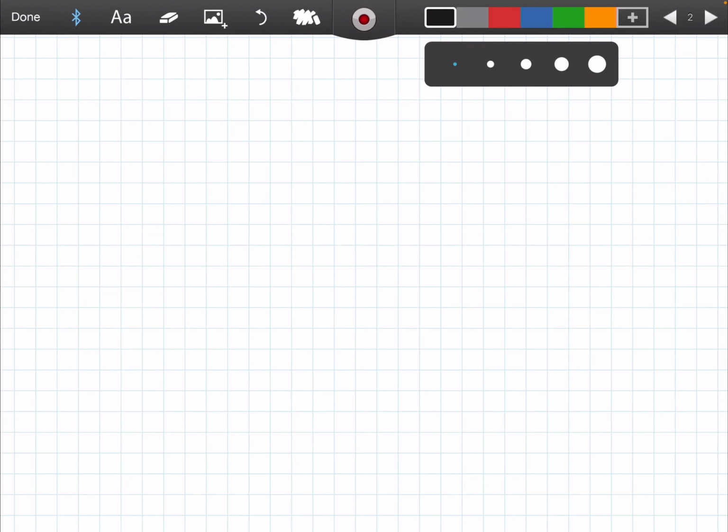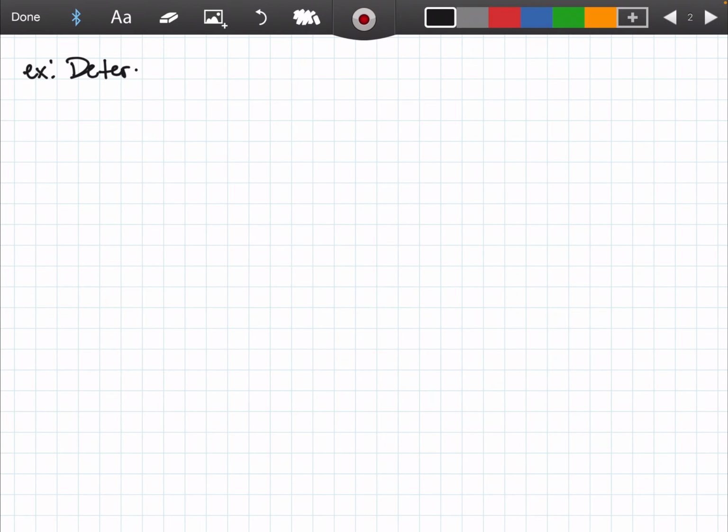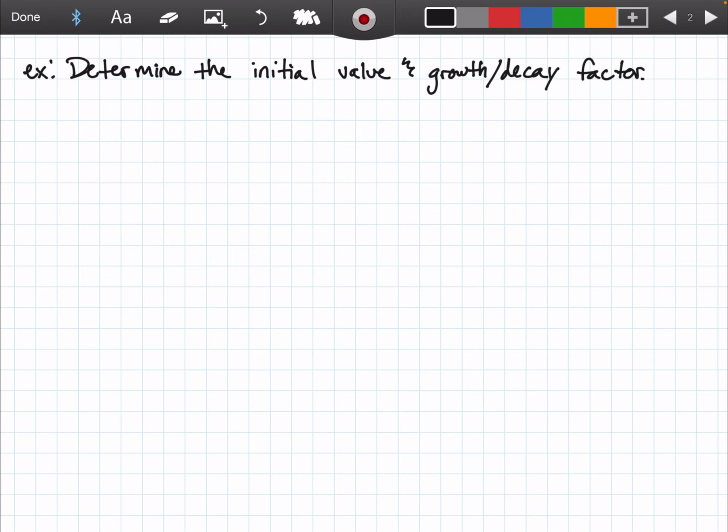So, example. We're going to determine the initial value and the growth or decay factor.